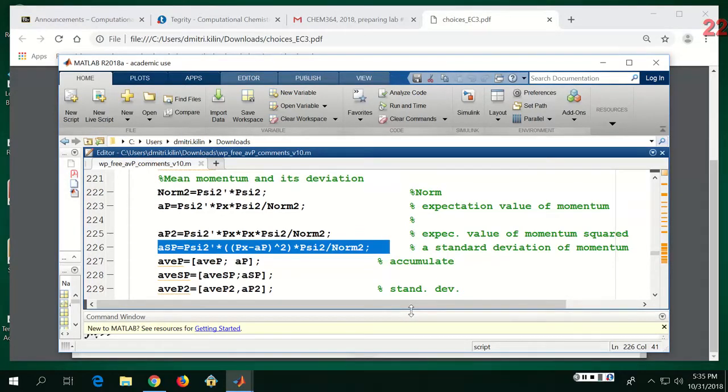Would this equation be a good representation of uncertainty of momentum? So it should be interpreted as psi star, momentum operator minus expectation value of momentum, square, times psi dx. So sigma sub p, right?